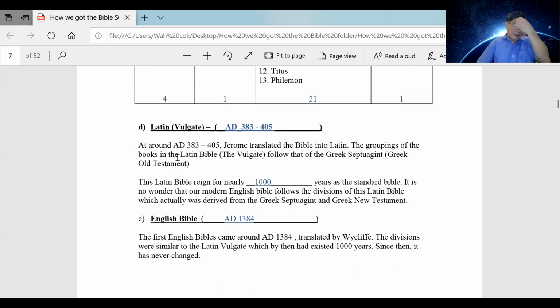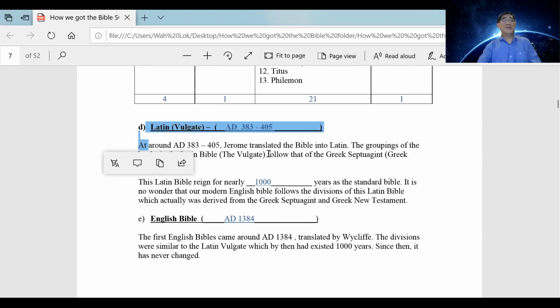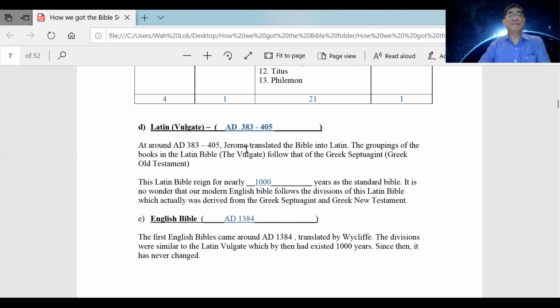So they translated the Bible from the Greek Bible, the Greek Septuagint and the Greek New Testament, into Latin. They call it the Latin Vulgate. This is not a vulgar book, by the way. The Latin Vulgate is the Bible in Latin, both the New and the Old Testament.